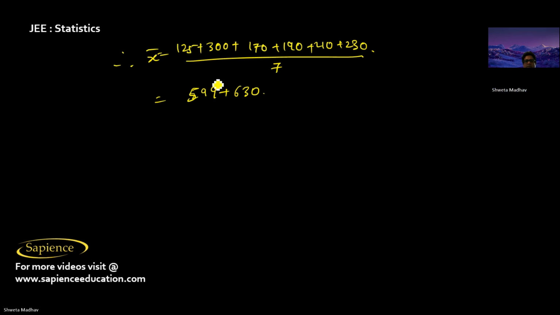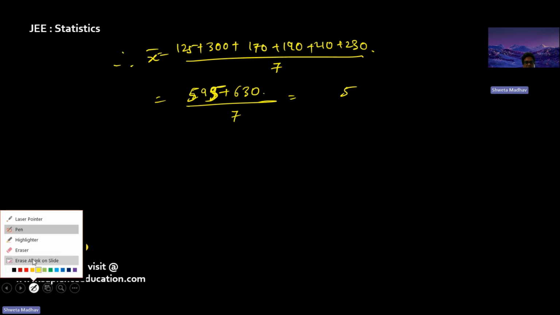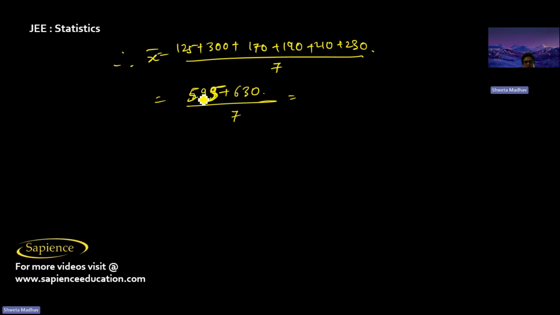So 595 plus 295 plus 10... 875 divided by 7. 7 sevens are 49, then 105. 7 eights are 56, 7 fives are 35, plus 7 nines is 63.